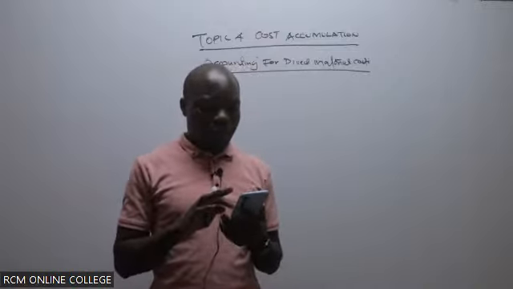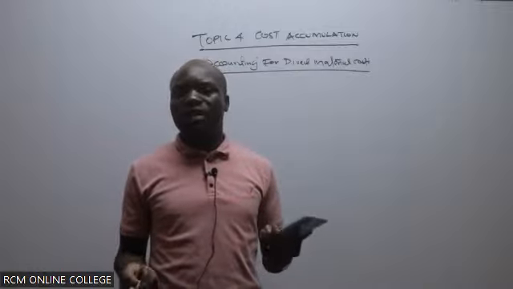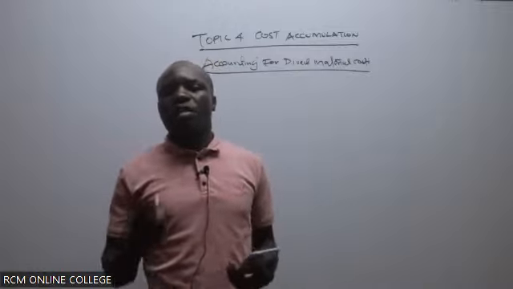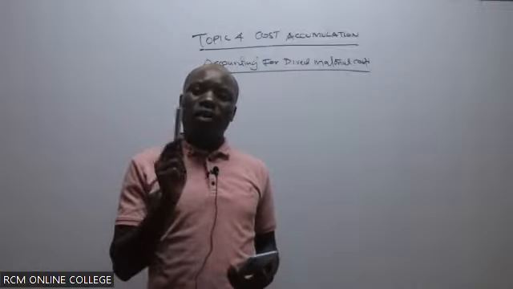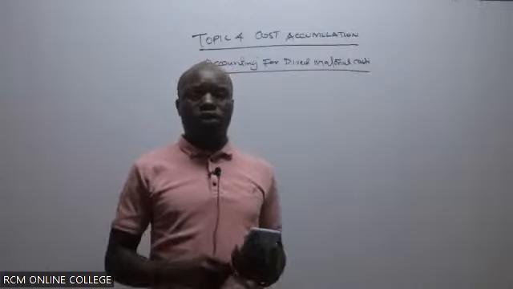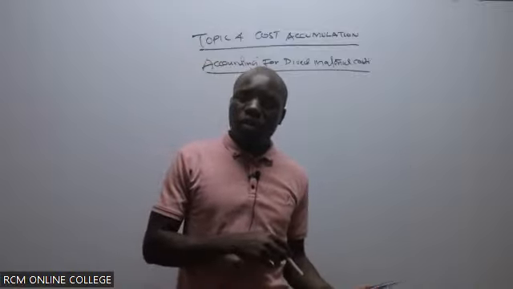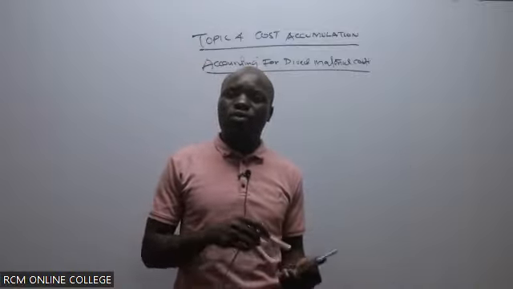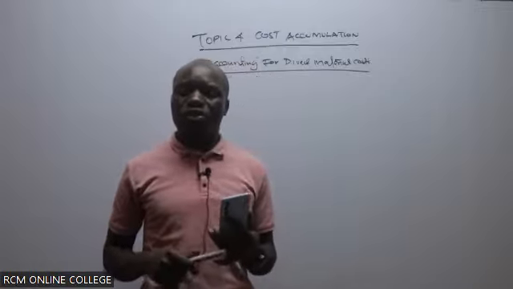Then we have favorable terms of purchase. Yes, you normally purchase 100,000 units, but there's a supplier who has said if you just buy more than 100,000 units, you're going to get a quantity discount. So will you go for the quantity discount? Some of the factors to consider as you look for the quantity discount: are you really able to use these materials within a short time?